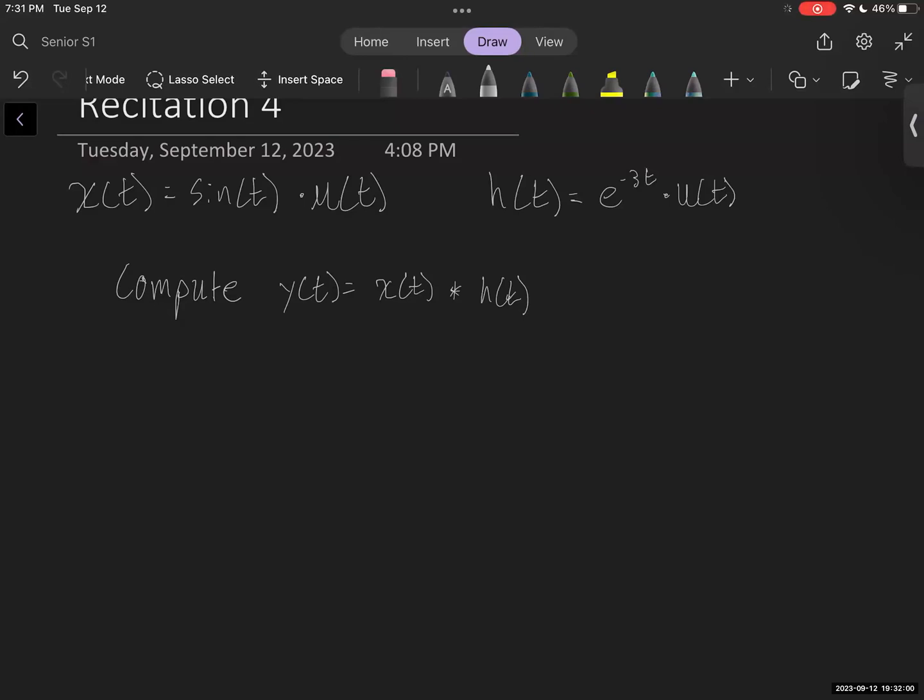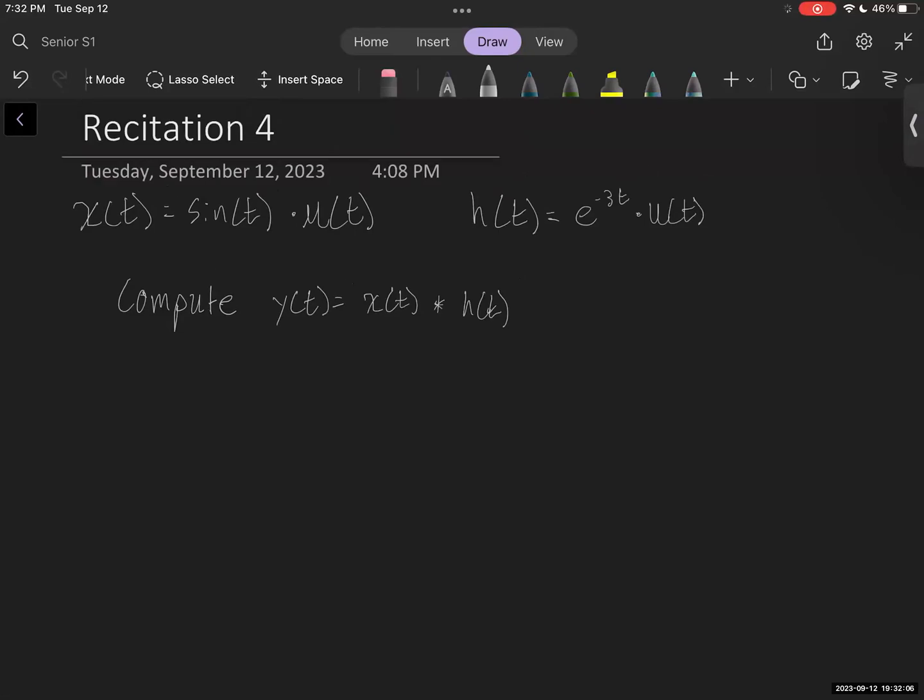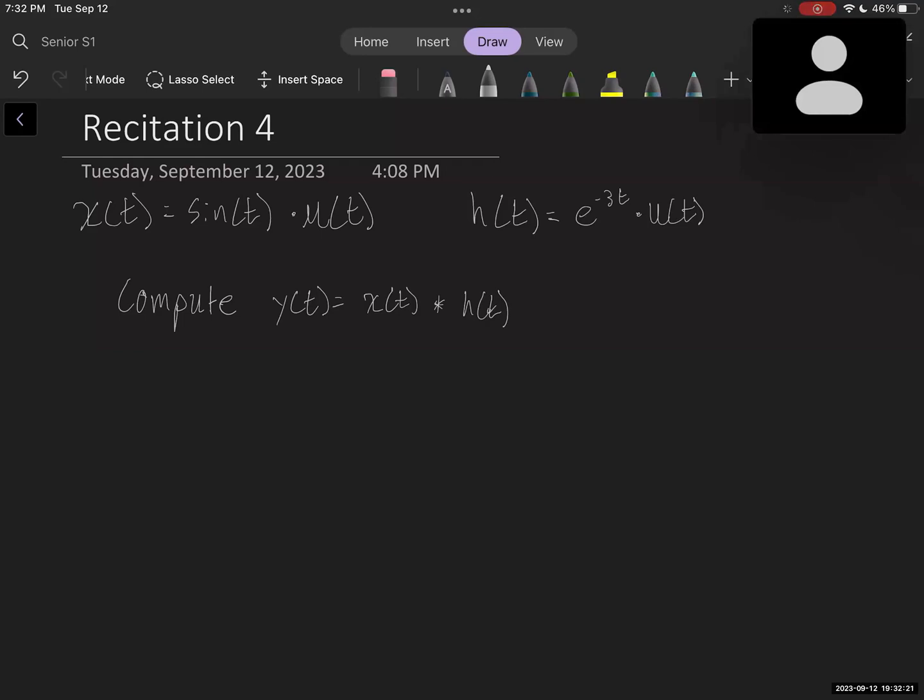Take a screenshot or a picture of it with your phone or something quick. So the first step. Oh, if my iPad will work. Why is it not letting me write? Oh, I think my iPad is frozen. Why is it not working? Sorry, give me just one moment.